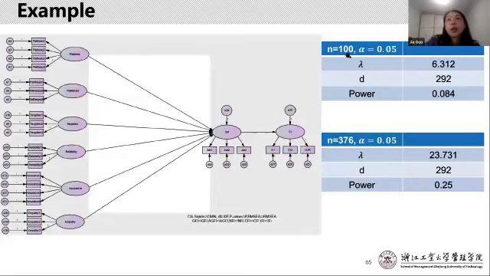If we increase the sample size from 100 to 376, the non-centrality parameter lambda increases, and the degrees of freedom d is the same, and then we can see that the power is increasing. So that's the relationship between the power and the sample size and degrees of freedom.